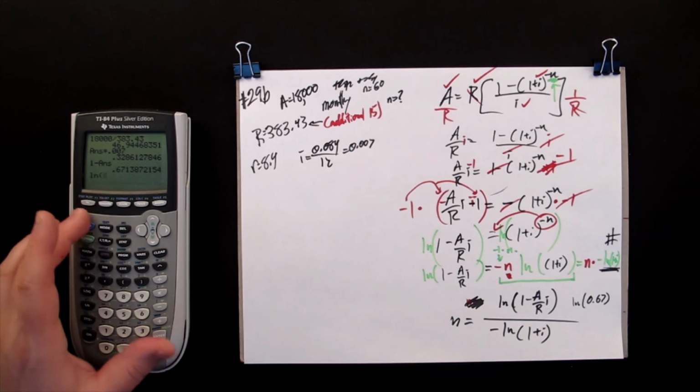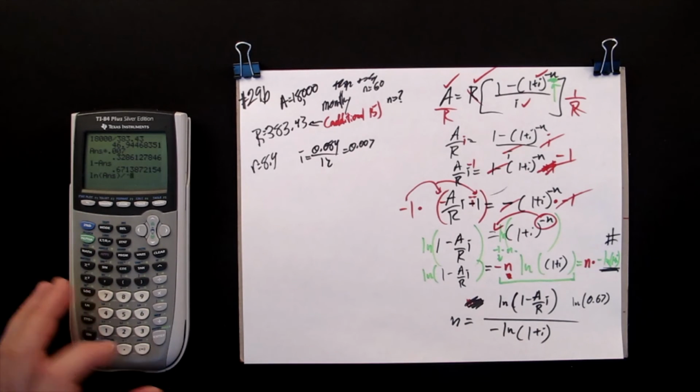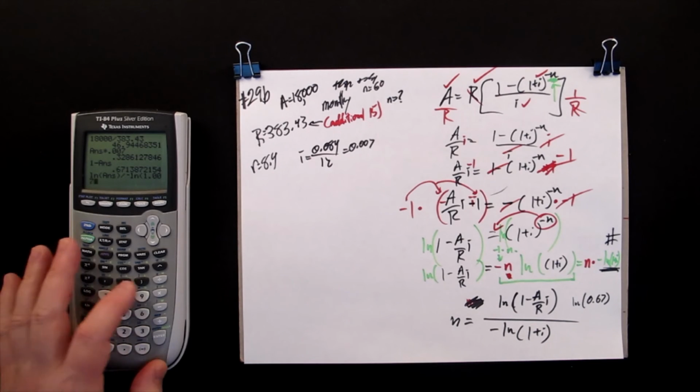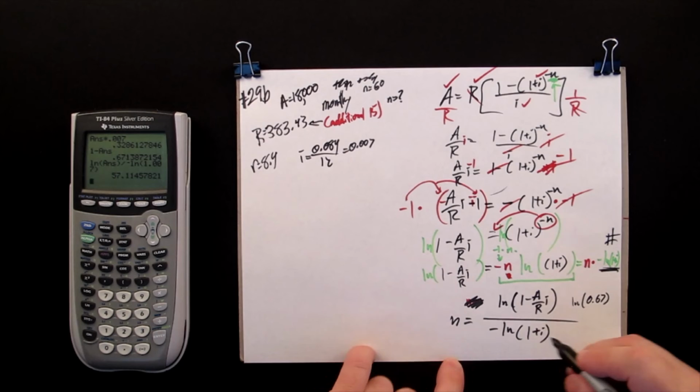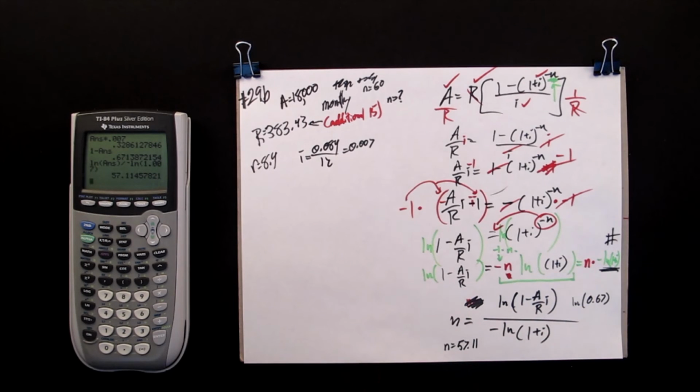So we want the natural log of this divided by the negative natural log of 1.007. And that gives n being 57.11.